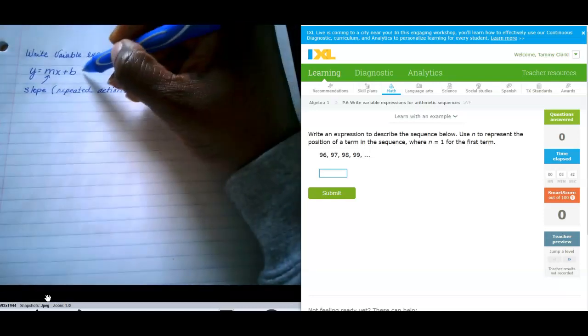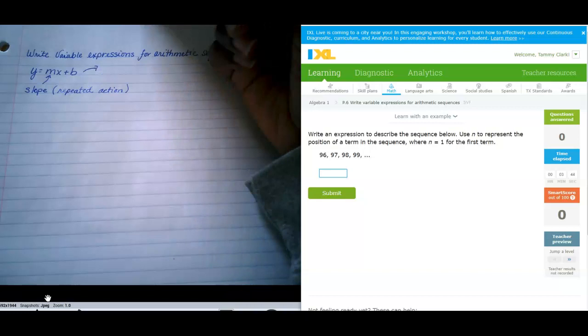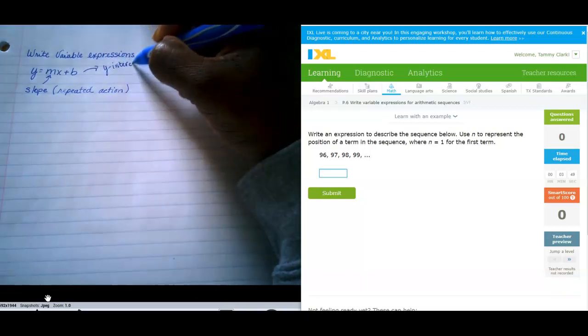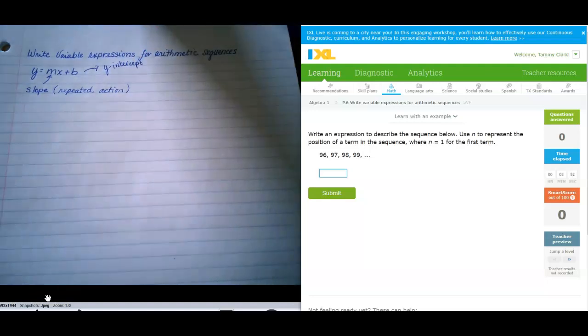If you remember, the B was called the y-intercept. And basically the y-intercept is, where did I start the situation? Well, in the situation I just described, I could start this week.